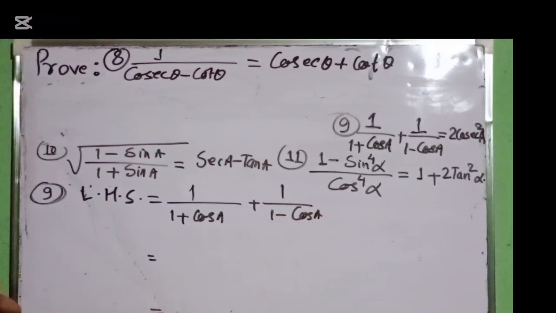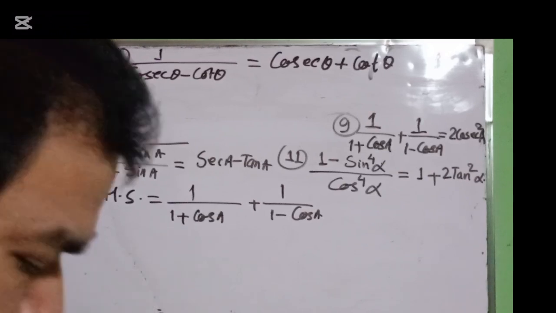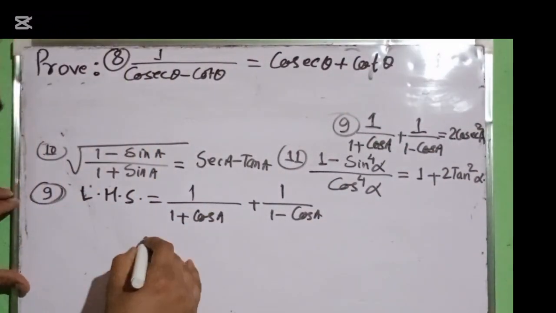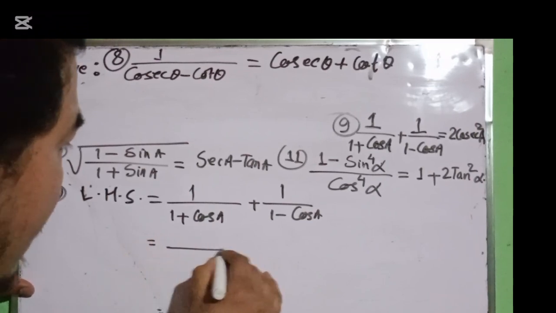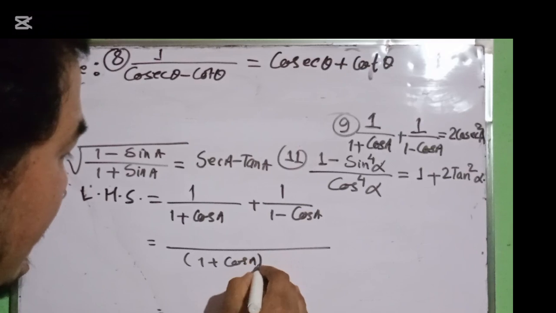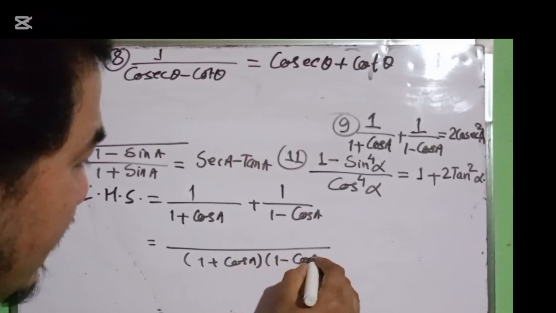When we simplify it, first of all we have to take its LCM. Both have different denominators, so the LCM is 1 plus cos a multiplied by 1 minus cos a.